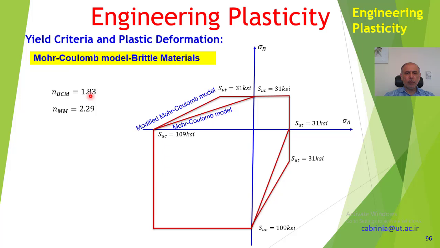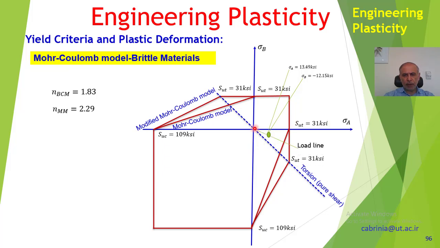And for this one we've got 1.83, for this one we got 2.29, and our torsion or pure shear line is this, and this is our load point, sigma A and sigma B. In fact, from here to there is sigma A, and from here to there is sigma B, which is 13.49, and this is minus 12.15, and this is the load line.